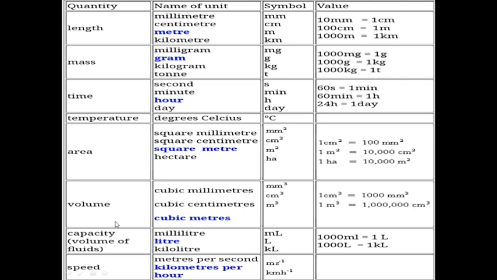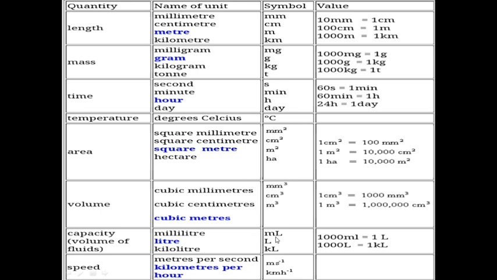and 1 meter cube equals 10 lakh centimeter cube. Then the next quantity is capacity, and it is given in the bracket volume of fluids. Fluids means liquid. The units for capacity are milliliter, liter and kiloliter.